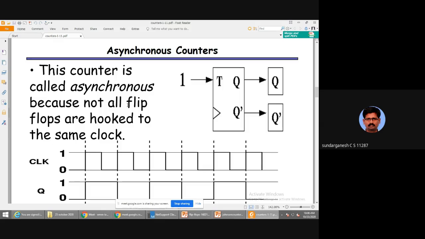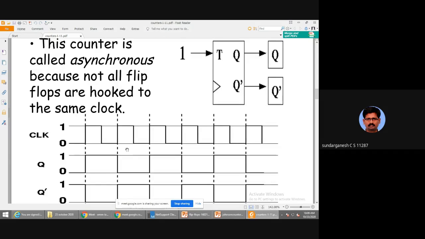So this first counter is an asynchronous counter. All the flip-flops are not connected to the same clock. This is the clock signal. Q follows the clock signal; it goes high, then after some time it goes low, and so on.